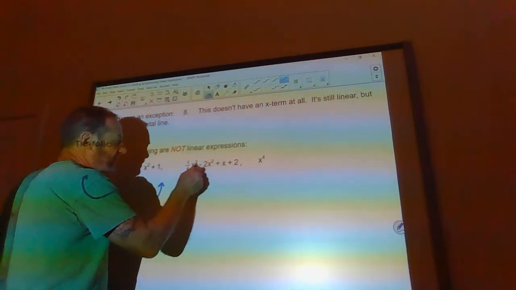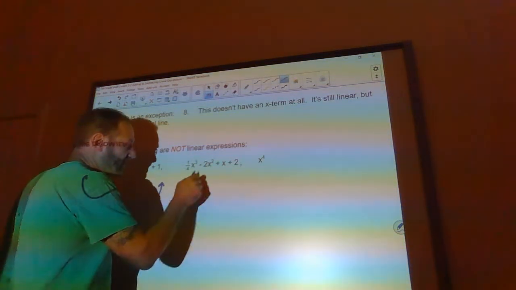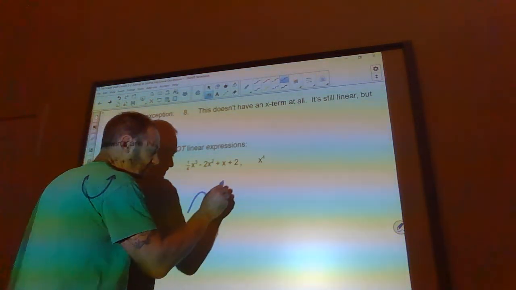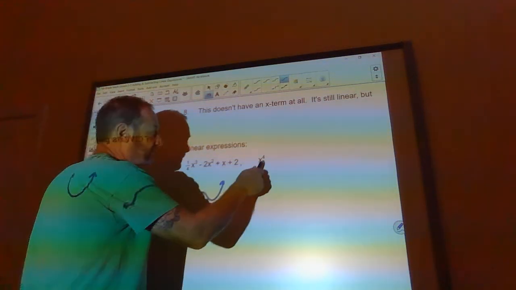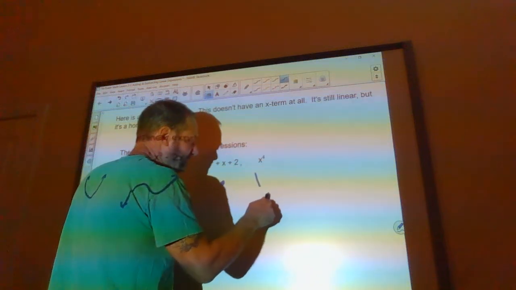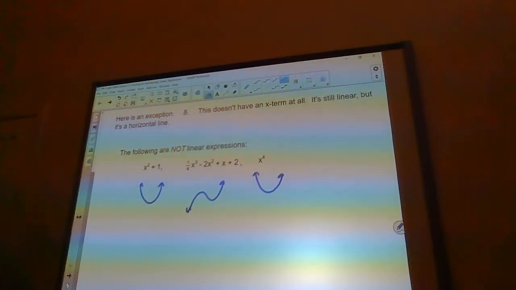This is a third degree polynomial, this is a second degree polynomial. Linear expressions are first degree polynomials. This thing actually looks something like this. And x to the fourth power, that's a fourth degree. Again, that's going to look something like this. It's going to look very much like one of these except steeper. So, not linear expressions.